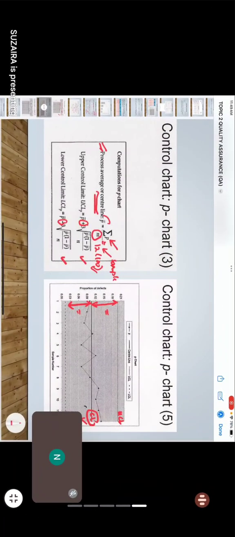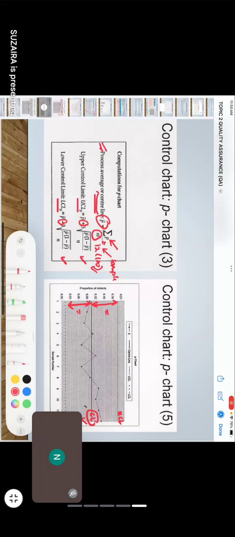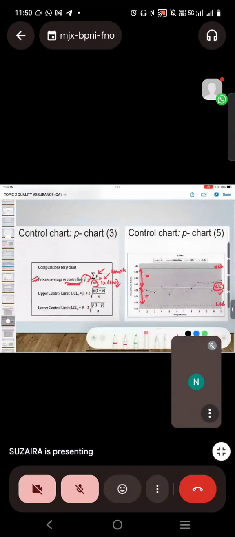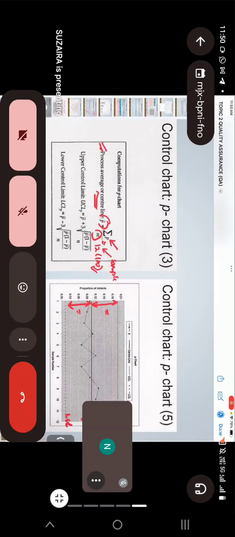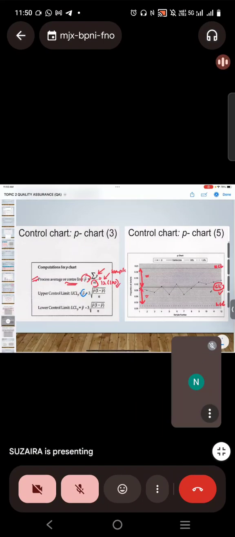So whenever you calculate the P bar, you need to use this P bar in order to calculate the UCL as well as the LCL. So remember this equation: P bar plus 3 times.